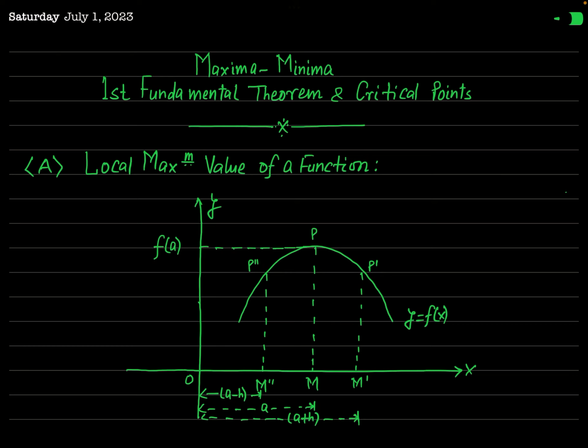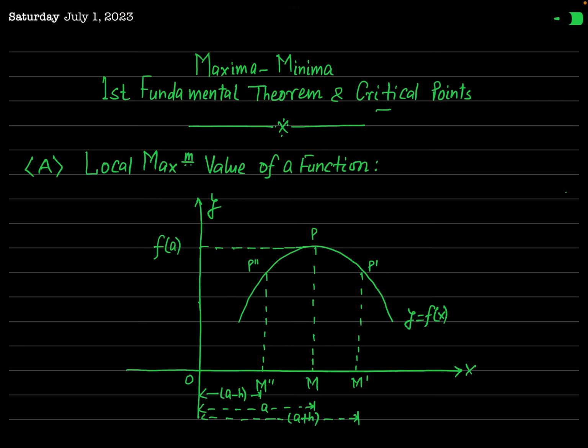In this lecture we are going to see two very important and very simple concepts. The first concept is the first fundamental theorem, or you can say just the definition of maxima and minima. Another very important concept will be critical points.